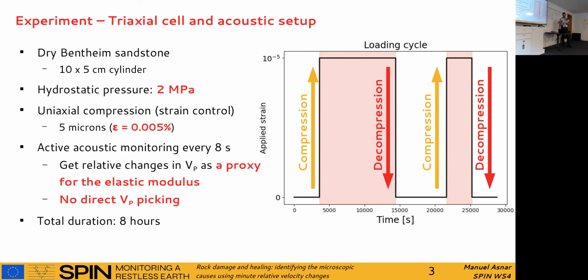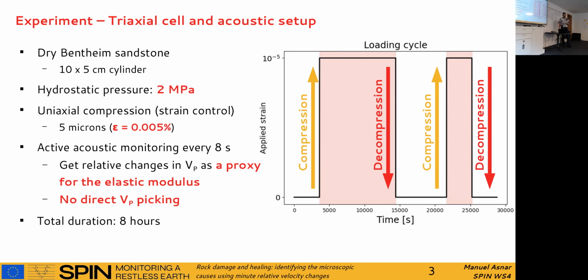I would like to emphasize that the amount of strain that we apply is tiny. We apply 10 to the minus 5 total strain, just to make sure that we're well into the reversible damage process realm, and we don't want to induce any plasticity or any permanent damage to our sample.